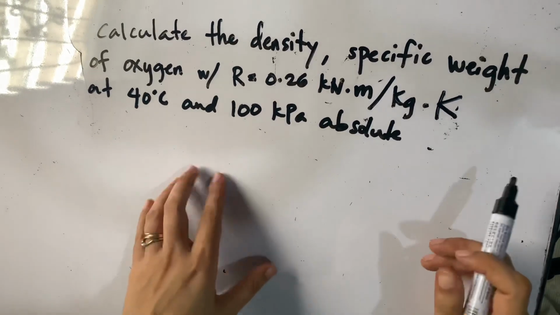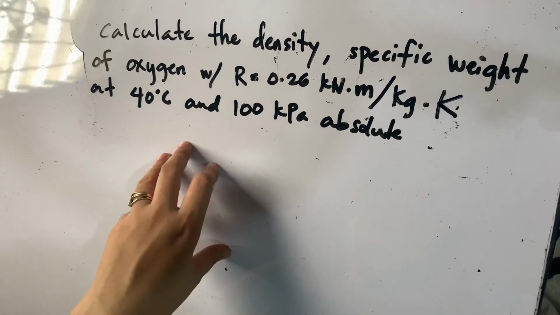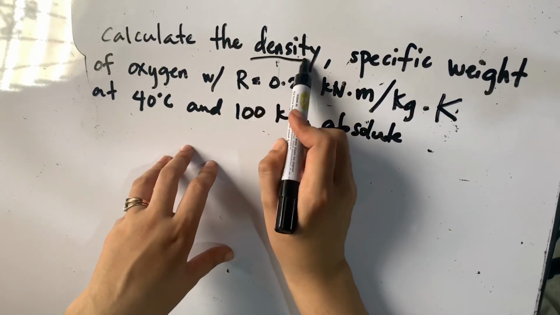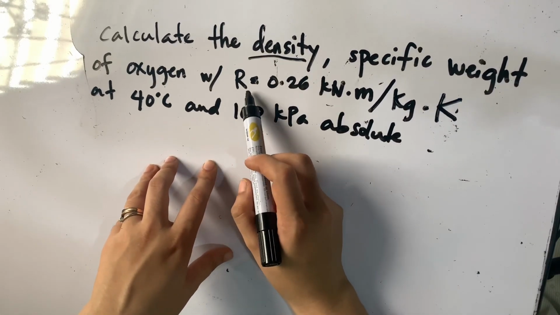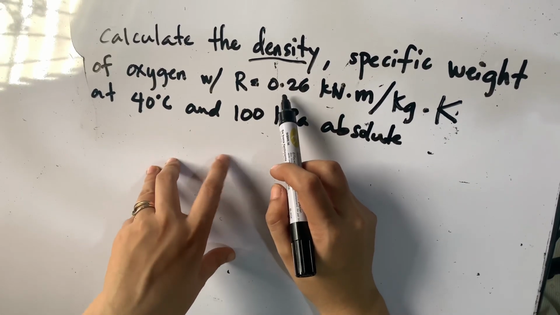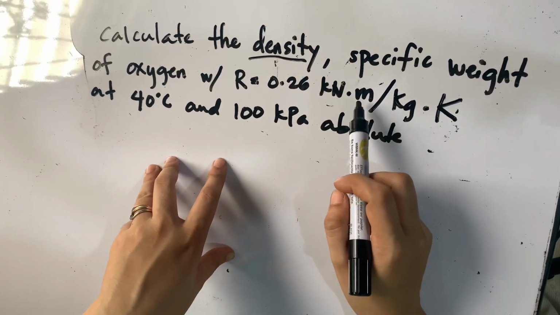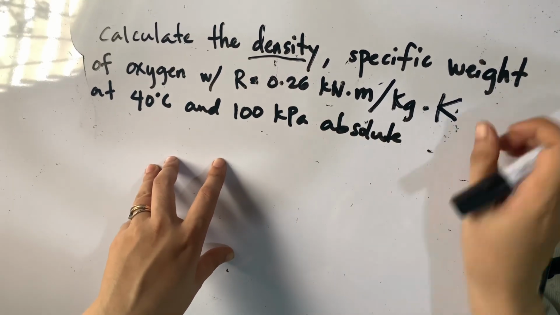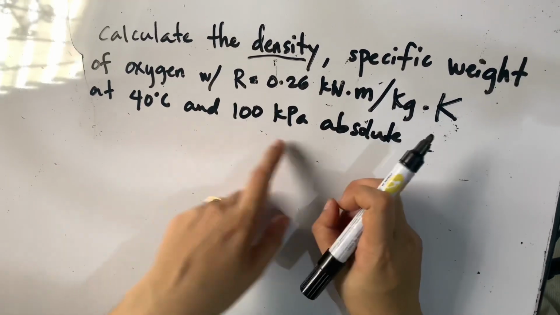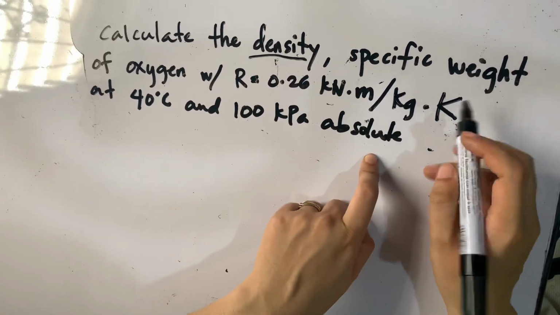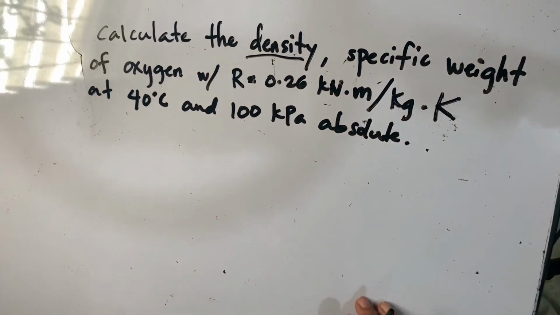Let's have a sample problem. Calculate the density and specific weight of oxygen with gas constant R equal to 0.26 kilonewton meter per kilogram Kelvin at 40 degrees Celsius and 100 kPa absolute.